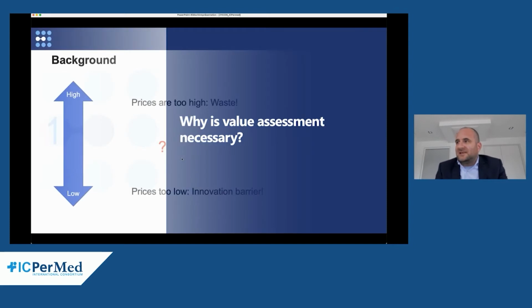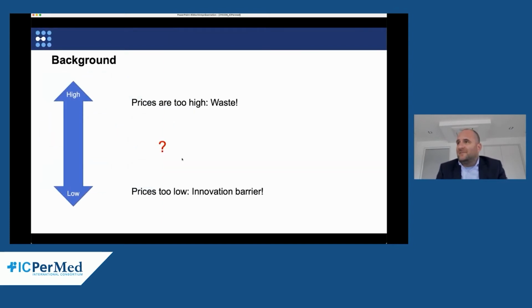So why is value assessment necessary? Very easy answer. We've got to pick a price for a certain drug. To put this into perspective, we had to pick a certain price for the COVID vaccines. It could have been 50 per shot, it could have been 15 per shot, maybe 100.